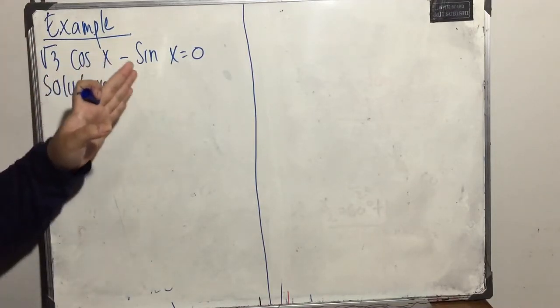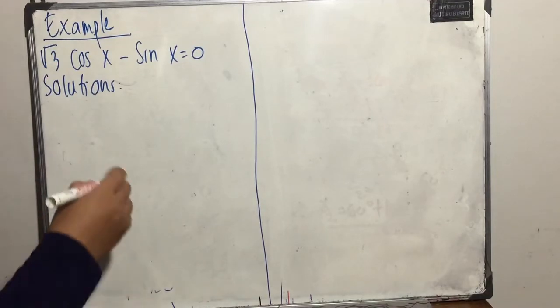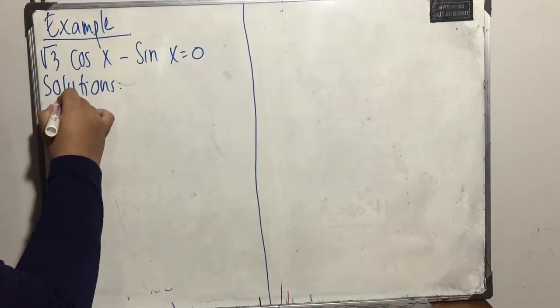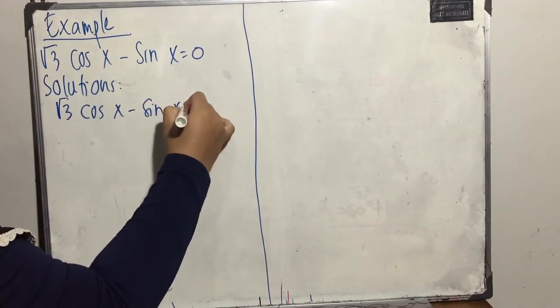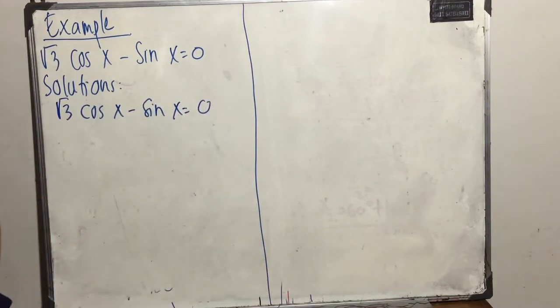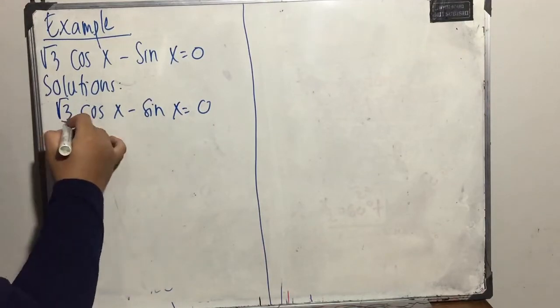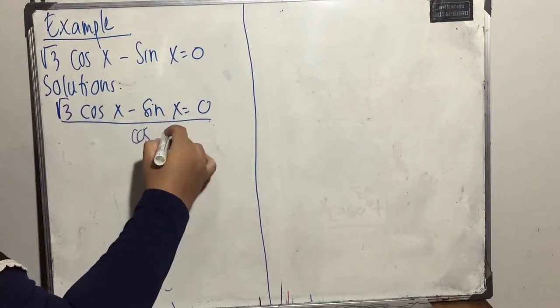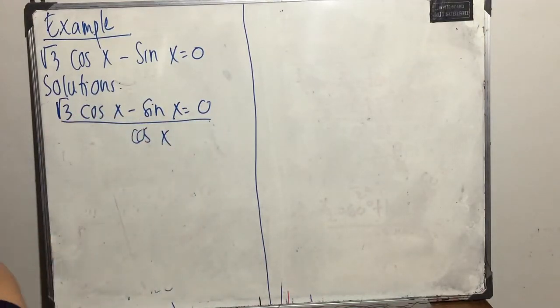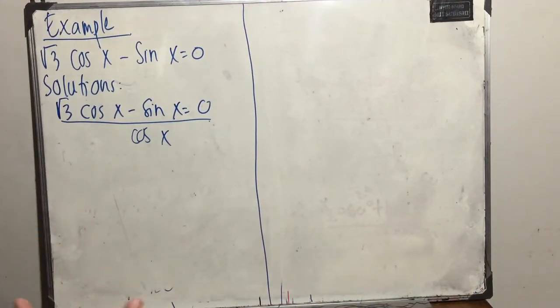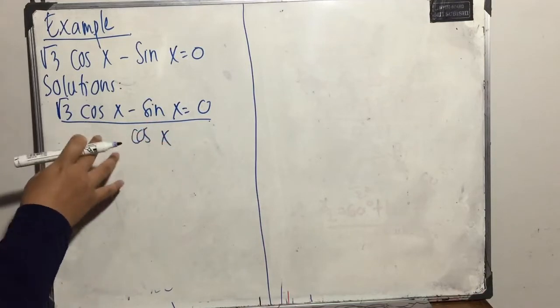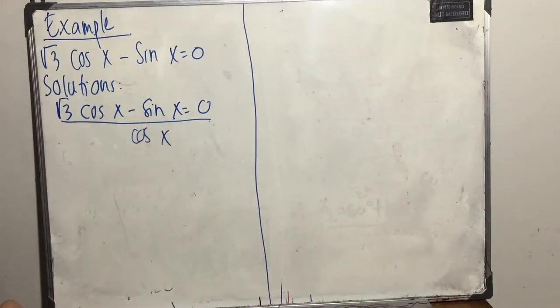Now I want to divide by cosine x, everyone. So the question is square root of 3 cosine x minus sine x equals 0. I want to divide both sides by cosine x. If you are curious why I divide by cosine x, it is because the result will be tangent. If you divide by sine, the result will be cotangent, everyone.